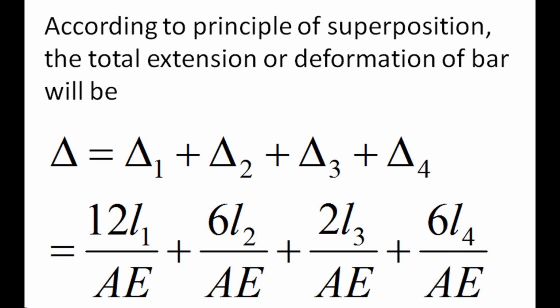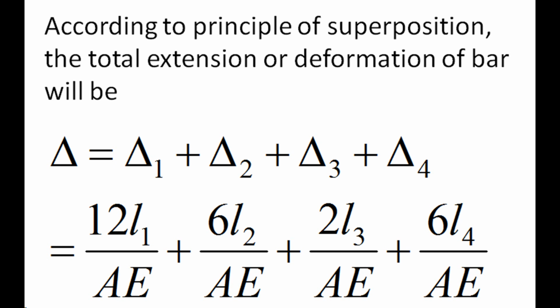The principle of superposition says the resulting strain is equivalent to the algebraic sum of the strains caused by individual forces acting along the length of the member. So according to that, if we consider delta as the resulting strain of that structural member, it will be equivalent to delta 1 plus delta 2 plus delta 3 plus delta 4.